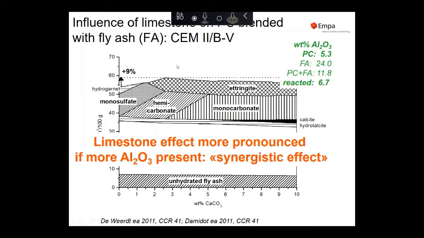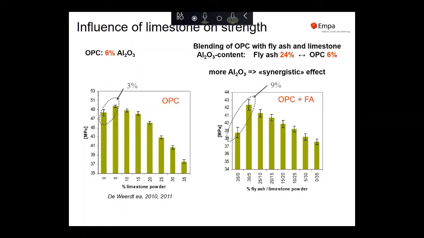And you can see here that we have a bigger volume increase because we have more aluminium from the fly ash in the system, and this also results in a bigger effect of the limestone. So we can gain even more strength if we add limestone to blended systems.